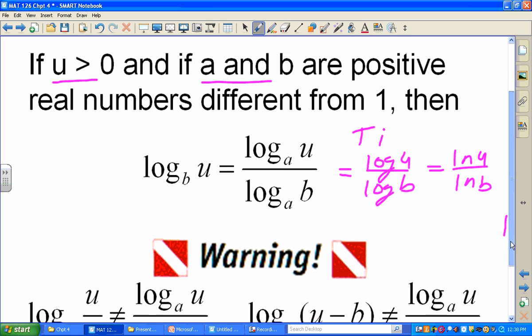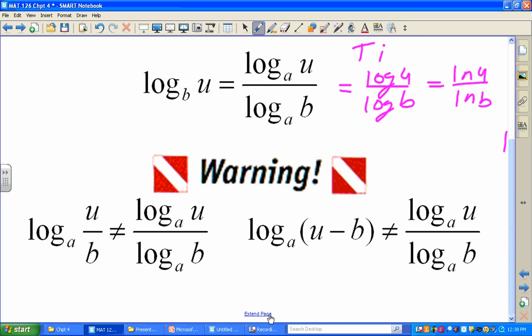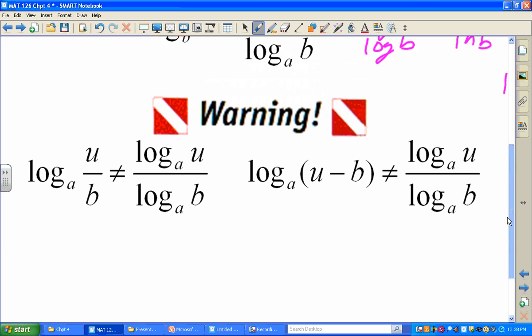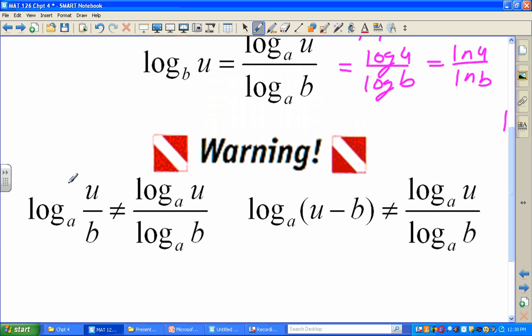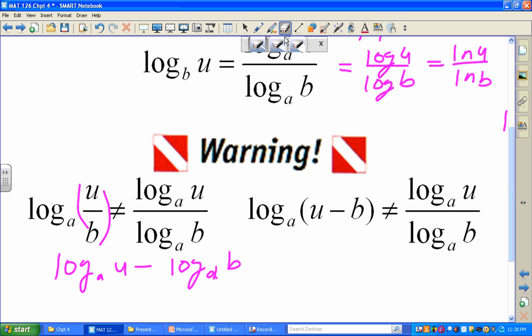Here are your FYI warnings before you tread through this section. Do not confuse the log of a quotient as the quotient of logs. It is not. It is the difference of logs when you have the log of a quotient. Okay? So don't get that confused. It's very easy to do so.